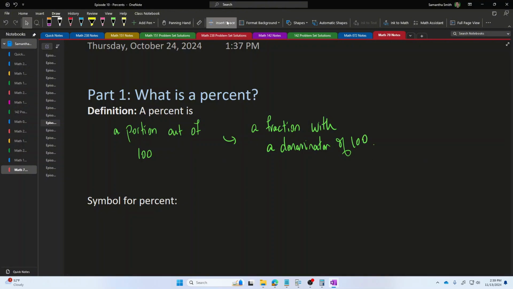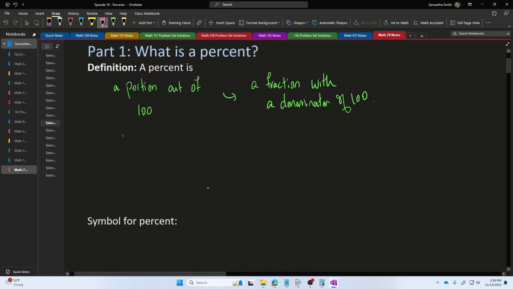So, for example, if somebody came to you and they said 33%, the amount that they're talking about is 33 out of 100. Out of every 100, 33. That's the amount that they're talking about.